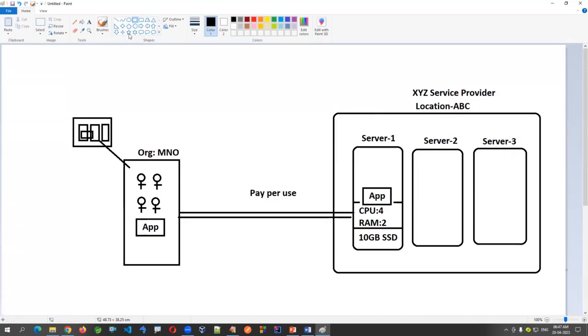Like this, there are 3 organizations, organization 1, organization 2, and organization 3. They combine and start one separate cloud, a data center. This is called community cloud.